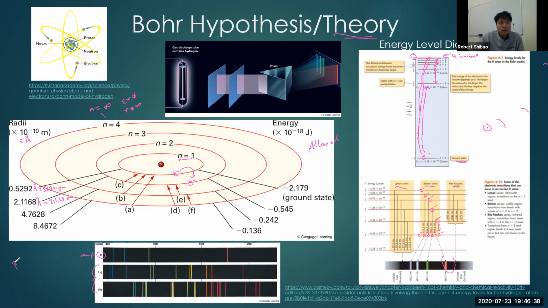And so Bohr theory could not predict beyond hydrogen, and let me put a little asterisk here, and other one electron species.